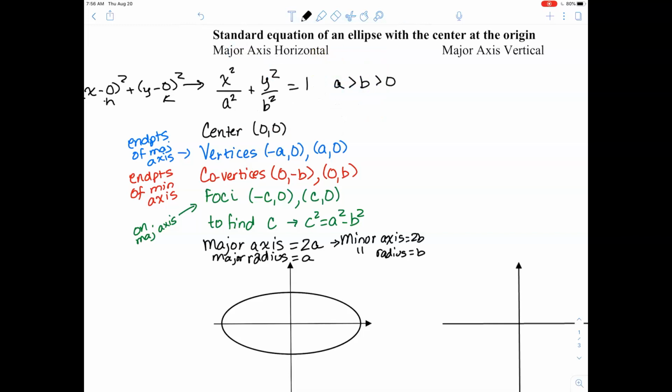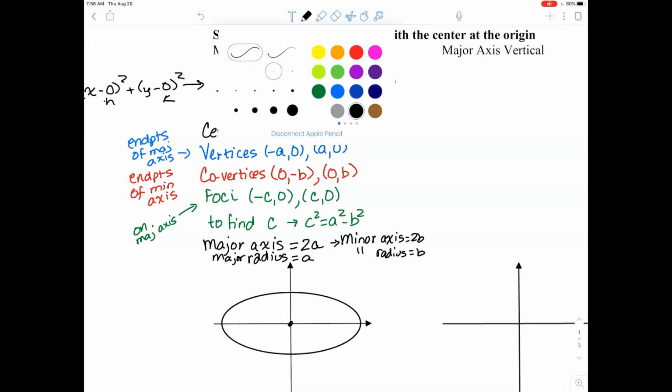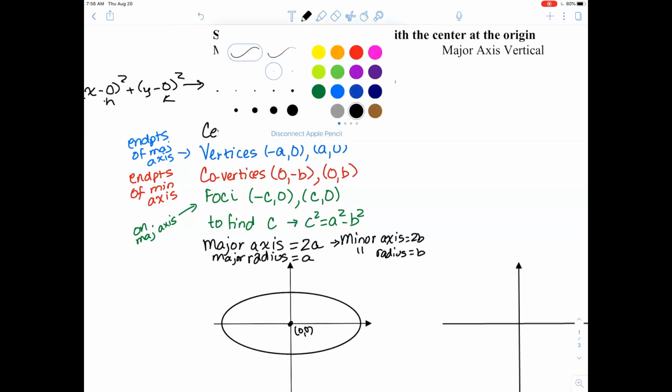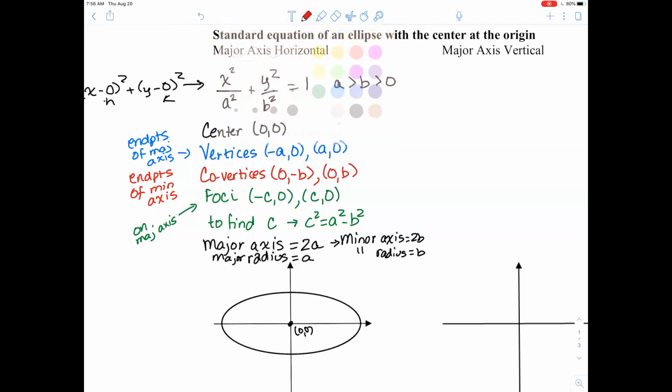Our center is always at the midpoint of your major and minor axes. You can find it simply by doing that. So this would be your 0, 0, which is your HK. And then let's grab a red pen here, and we're going to go this distance, from here to here, to get to that vertex, right?